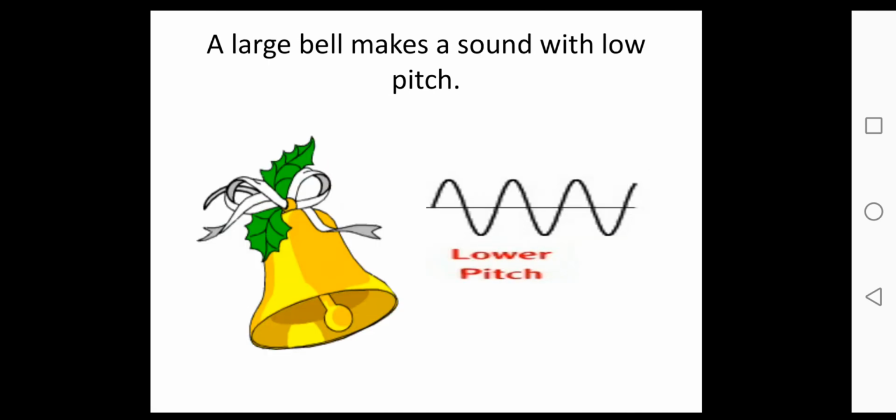Now, let's look at the bell. When the bell rings, it makes a low pitch. Can you look here at the sound waves? I have sound waves, but the space between these sound waves is more, right?